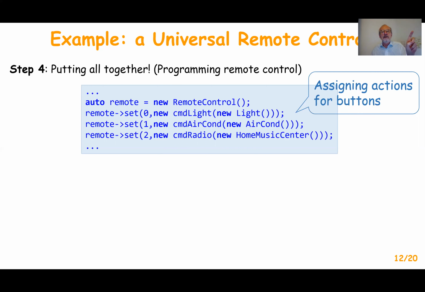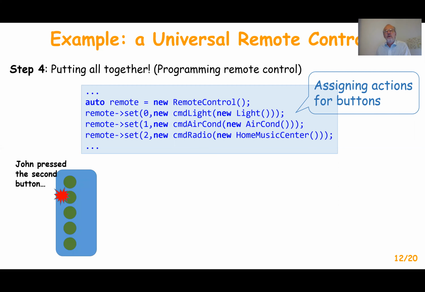You can look back to the interface of the remote control and see that the set interface element accepts the number of the button and the corresponding command. The second parameter is of type command, and CMD light, CMD air condition, and CMD radio all support the interface of command. So these calls are quite correct. We have assigned actions for buttons.